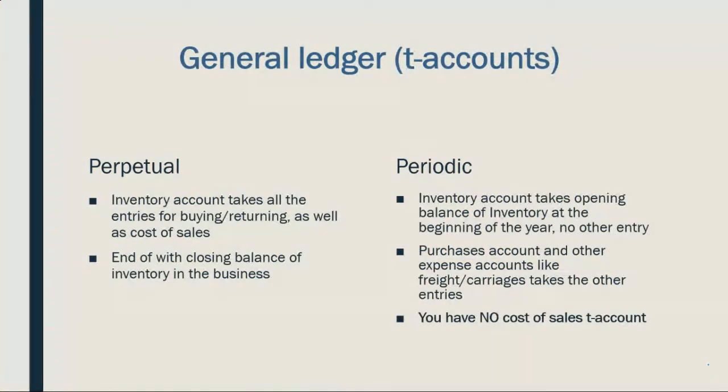Now if we look at the general ledger, let's look at what the main differences are. Under the perpetual, in terms of the general ledger, we will have an inventory account. Now this inventory account shows all of our entries. So everything during the year that we buy or return, as well as the cost of sales.